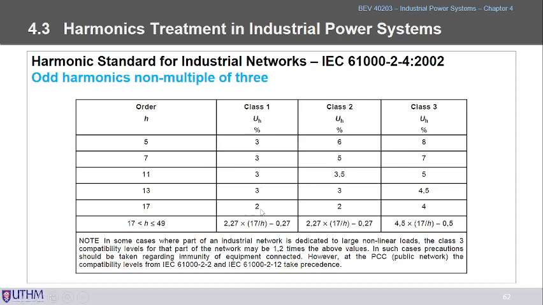The minimum is 2% at order 17, so it will gradually reduce. From the low order harmonics, such as the 3rd, to 17 it is only 2%. For class 3, of course, it is higher than class 1 and 2, at 8% down to 4% at the order of 17 here.